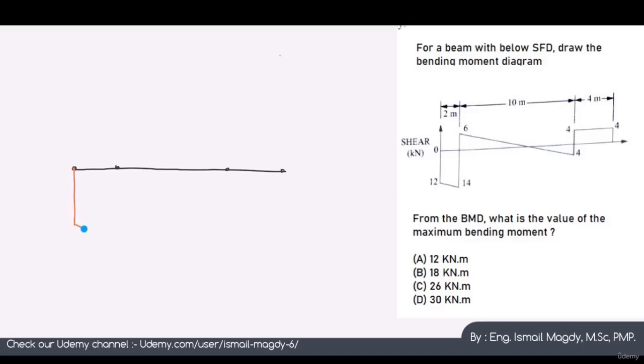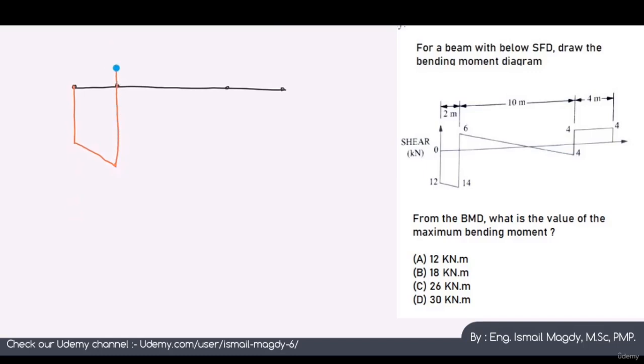We have this vertical force here, it's going 12, then again it's going down to 14, going up to a value of 6, 12, 14. It will keep going downward till it reaches 4.